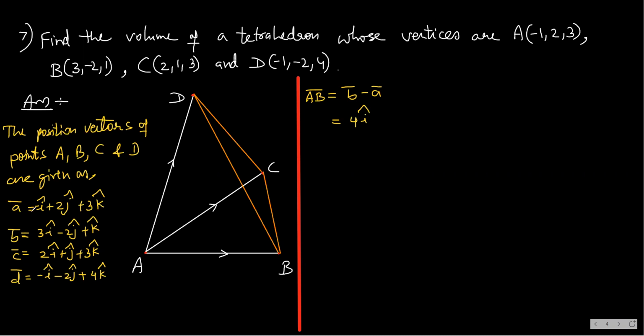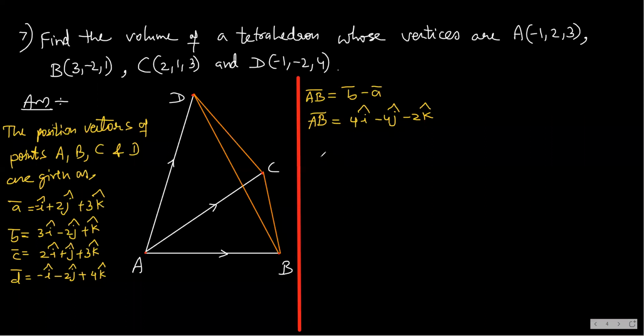So when you do minus A bar, all these terms will change their sign, you know. So minus 2J cap minus 2J cap will become minus 4J cap. And then here you have K cap minus 3K cap, which is minus 2K cap. This is AB bar. So you got one of the edges.